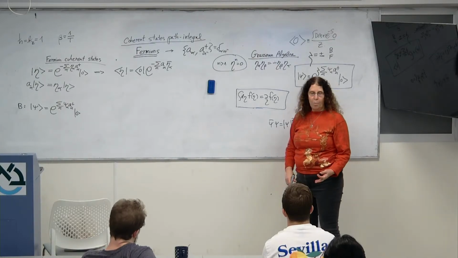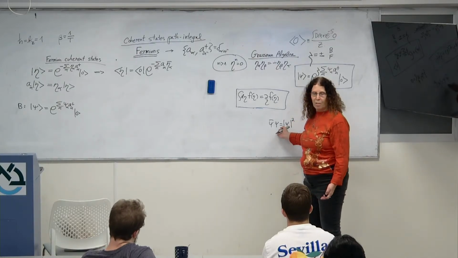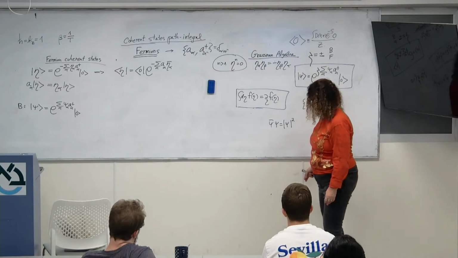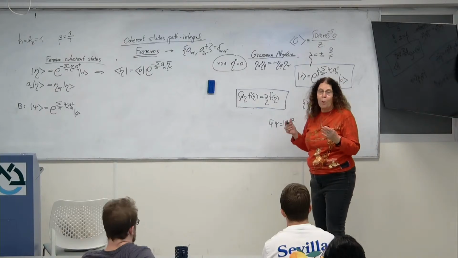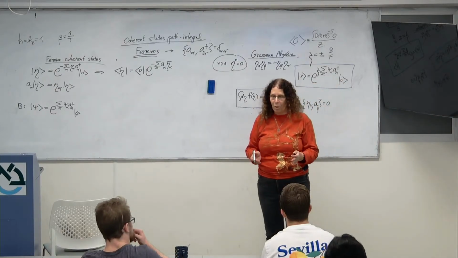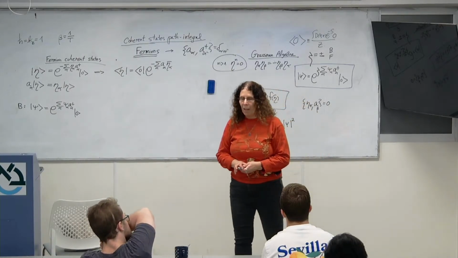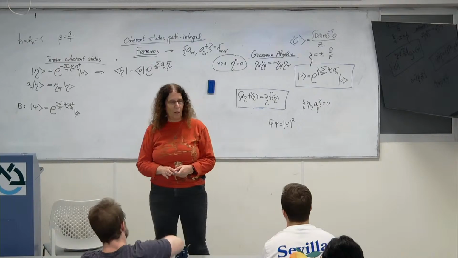For Grassmann variables, it cannot be, because this is 0, right? Because the absolute value is a positive definite real number. So you cannot make any combination of Grassmann variables that will give you that.